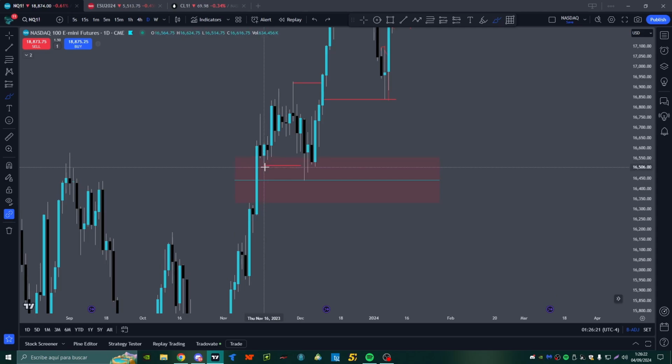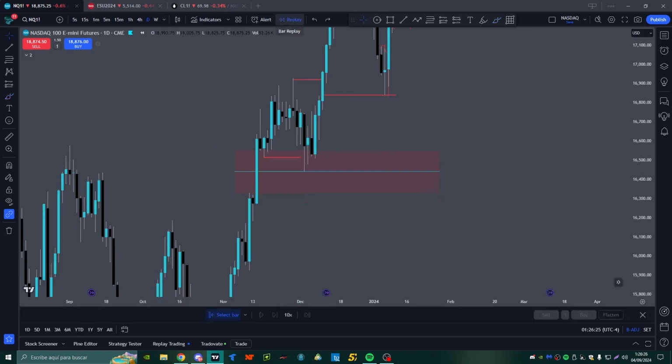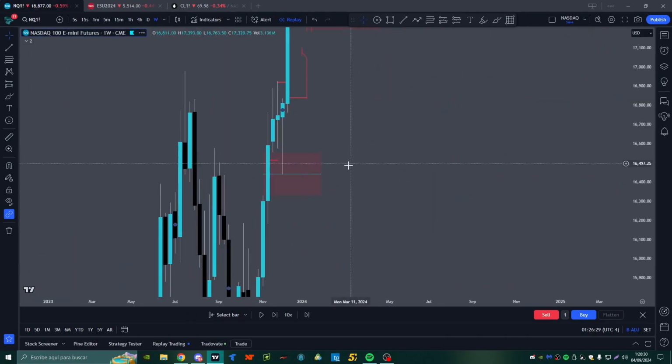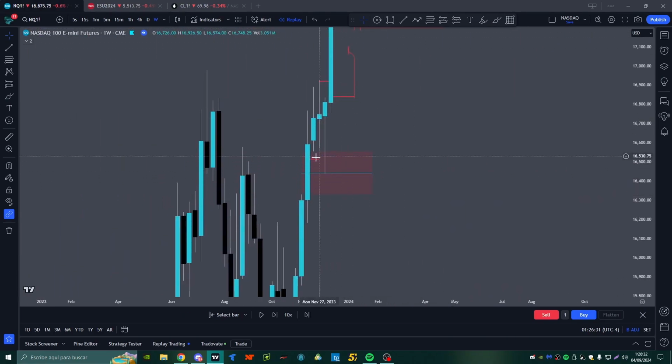But on the daily chart, the imbalance has already done its thing. But then I know that in the greater temporality, what did we have? Look, here it was, the daily low. But on the weekly, it is still unmitigated.